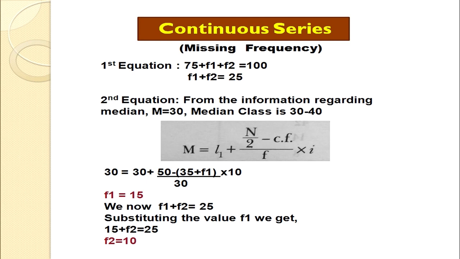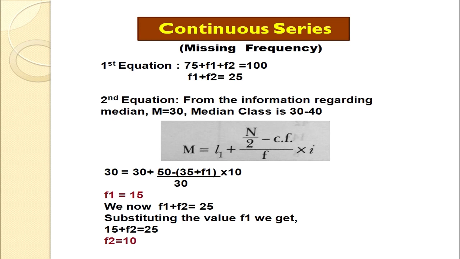So it becomes 30 plus N by 2, which is 100 divided by 2, the 50th item, minus CF. In the question you can see that for this particular class, the previous cumulative frequency is 35 plus F1. Then the frequency for the particular class is 30 into 10, where 10 is the class interval gap. So, when we solve, we get F1 as 15.